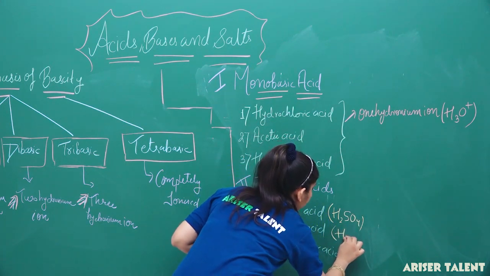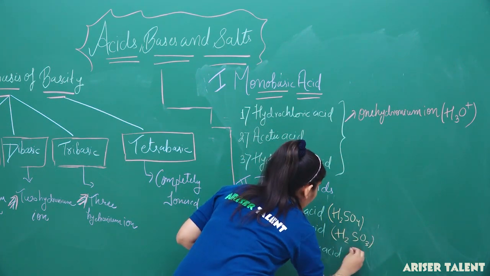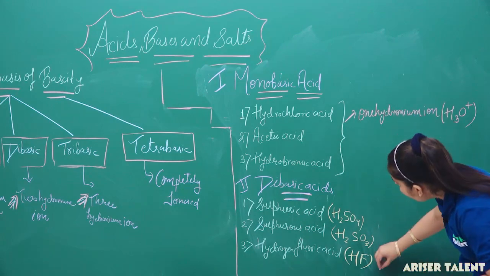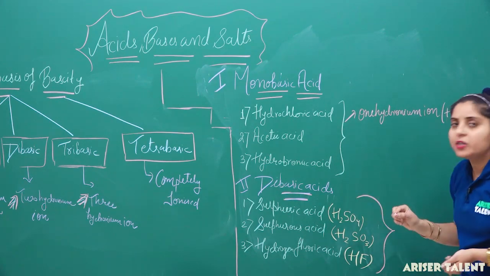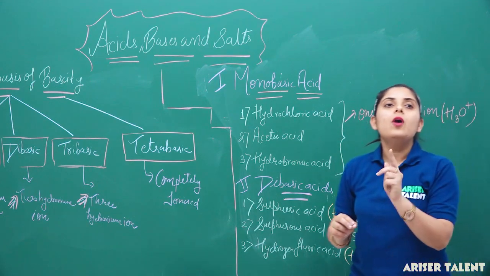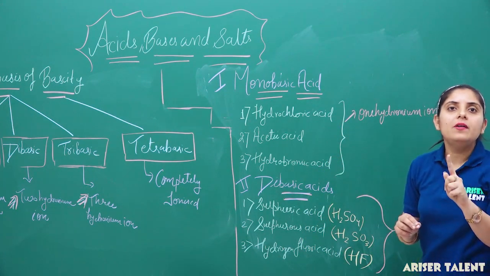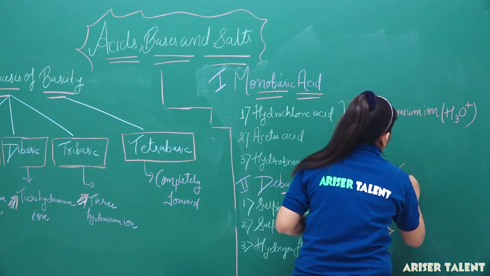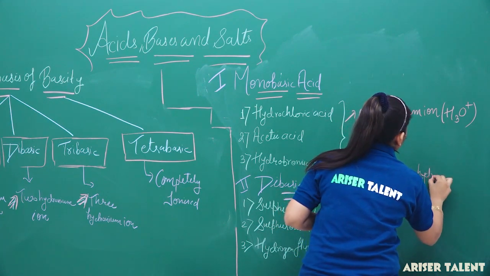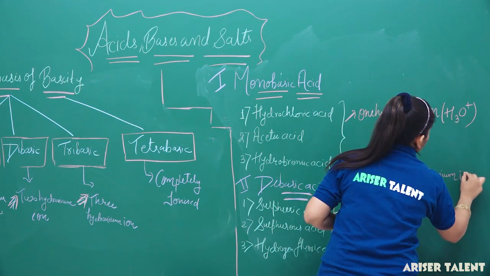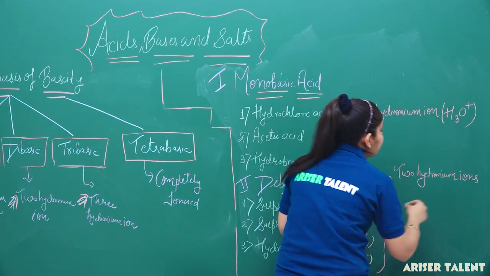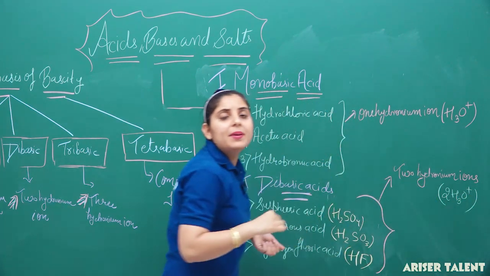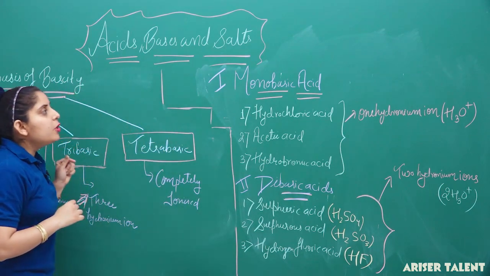Sulphurous acid will be H2SO3. And this is HF, that is hydrofluoric acid. So all 3 acids used here will going to produce 2 hydronium ions when dissolved in 1 mole of acid. So they will give 2 hydronium ions. So if they are giving 2 hydronium ions, we can say that these are dibasic acids.